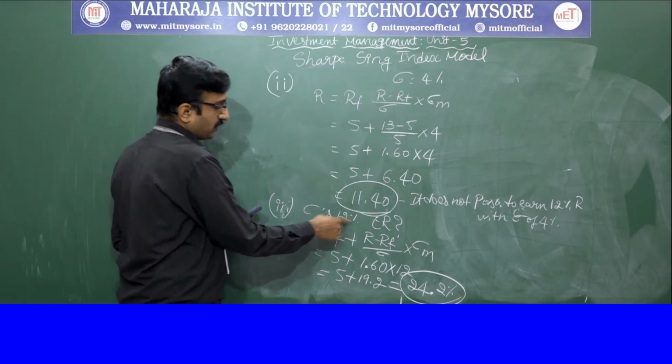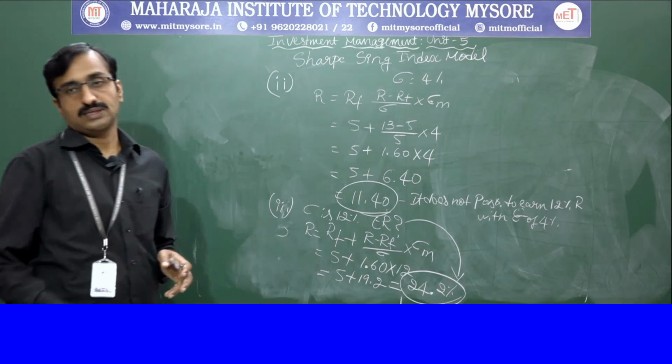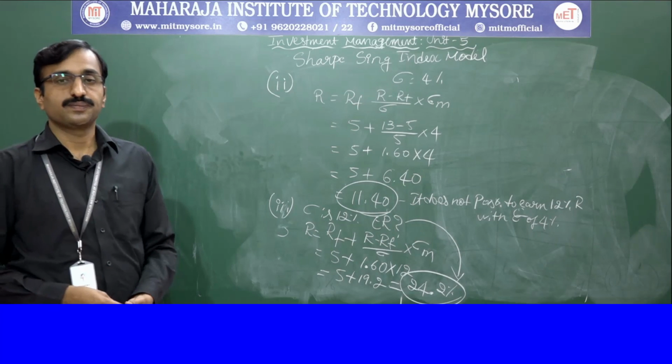If the standard deviation is 12%, the expected return is 24.2%. This is how we solve the problem.